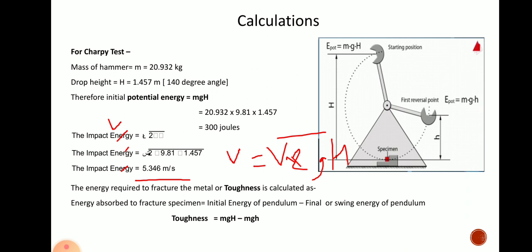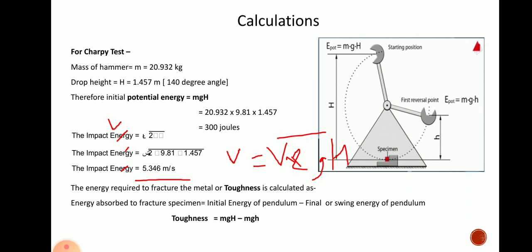At that velocity it will hit your specimen, and after hitting and breaking the specimen, the hammer will rise again to a certain small h height. During that hitting, the specimen absorbs some energy, and the energy required to fracture that metal, or energy absorbed by the metal up to fracture, is nothing but toughness. Toughness is equal to the initial energy of the pendulum minus the final or swing energy of the pendulum.